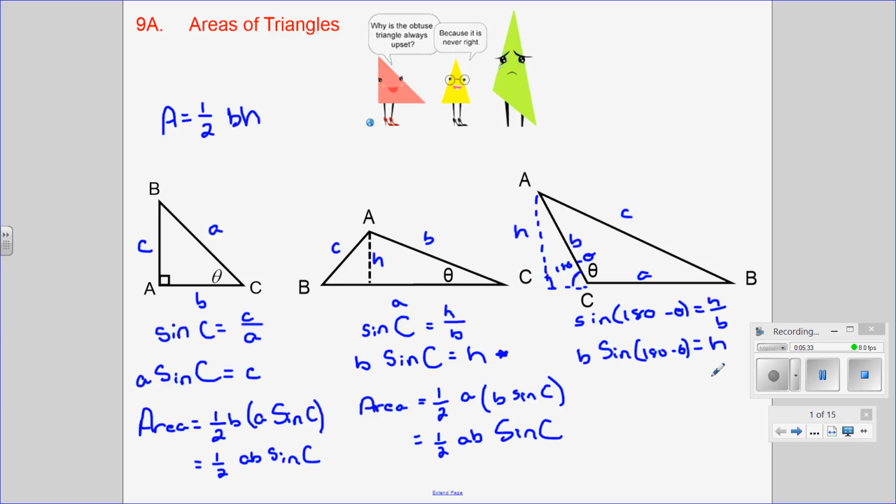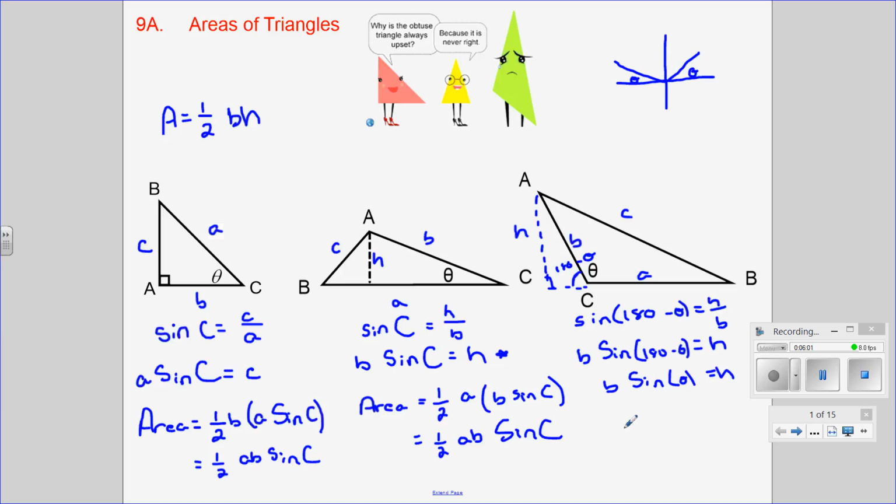Now, luckily, the last couple days, we've been talking about how sine of 180 minus theta, if we think about our unit circle, so here's theta, here's 180 minus theta, those two values are the same for sine because they're both in the first and second quadrant. Sine is positive. So sine of 180 minus theta would be the same as just saying sine of theta.